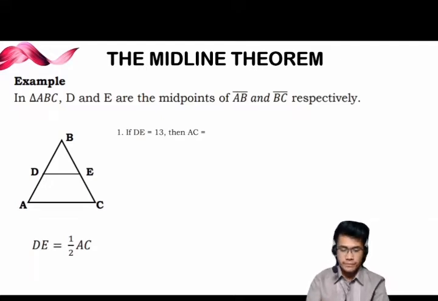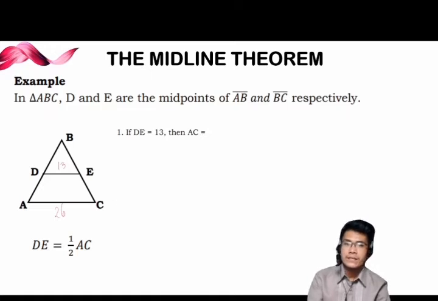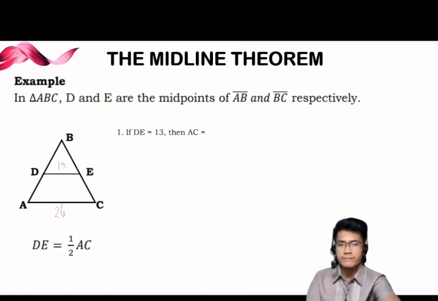Once again, the measure of DE is half of the measure of side AC. So if the measure of segment DE is 13, all you have to do is double it, and that will be the measure of AC. 2 times 13 is 26. Therefore, the measure of AC is 26 units.